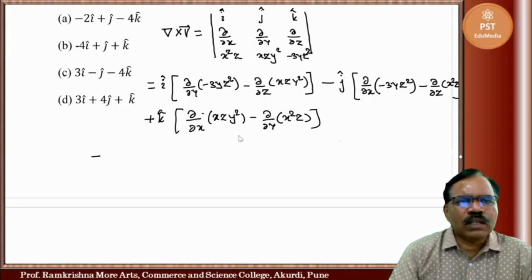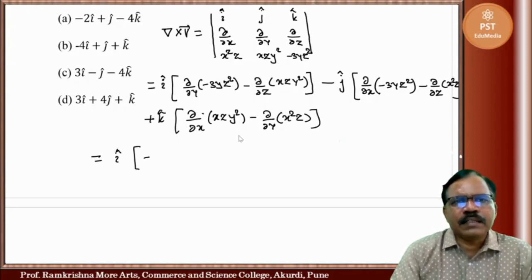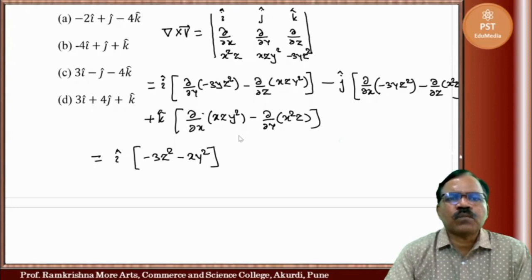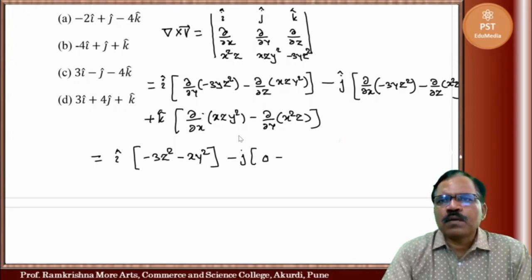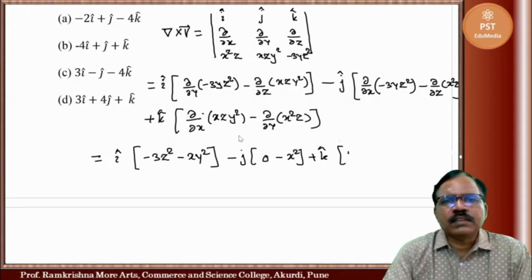So this is equal to i. Now here we will get minus 3z squared minus x y squared, minus j. Now del by del x, so 0 minus x squared, plus k, z y squared minus 0.